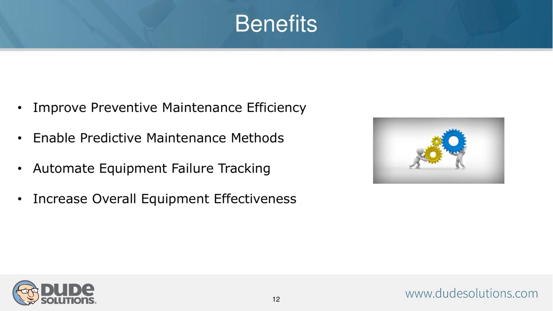This could mean that you could move a monthly or a quarterly PM out to months or semi-annual based on how much the equipment is being utilized. For another example, if you had a part casting operation, then the number of parts that are being cast is an important piece of information that's already being tracked today in your production automation software.